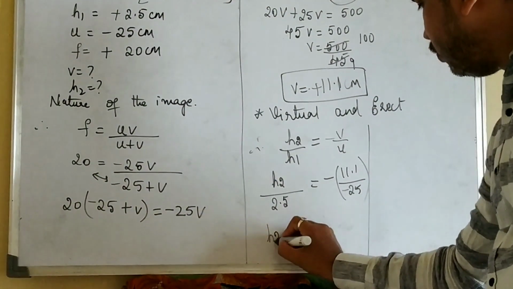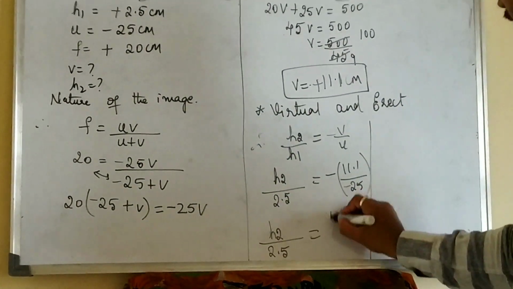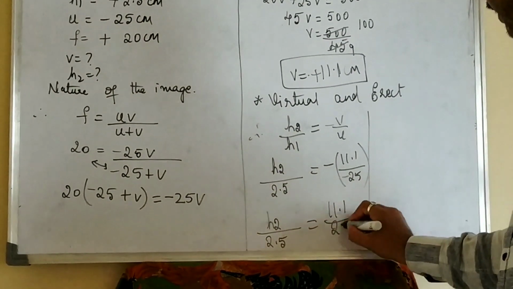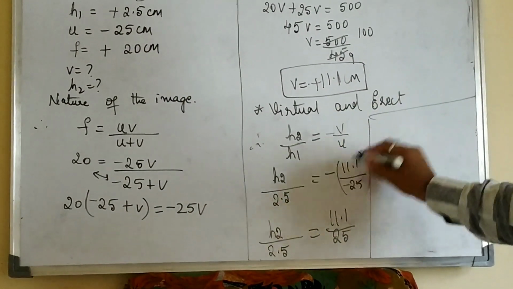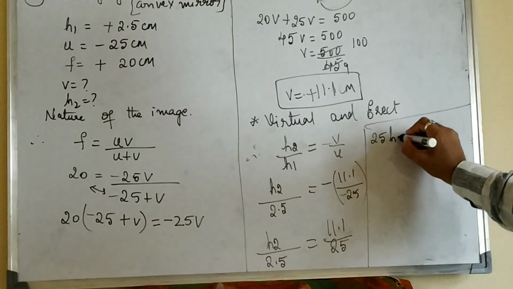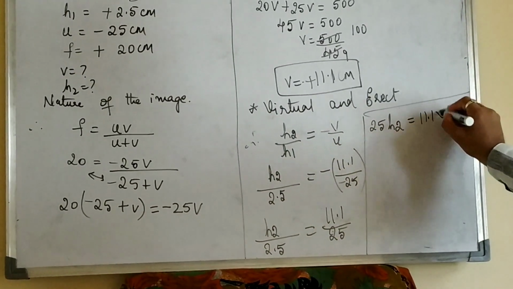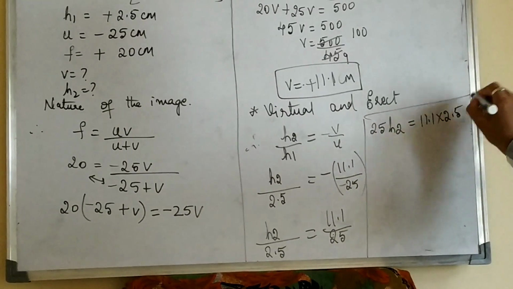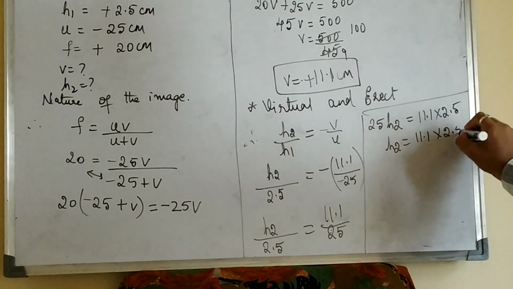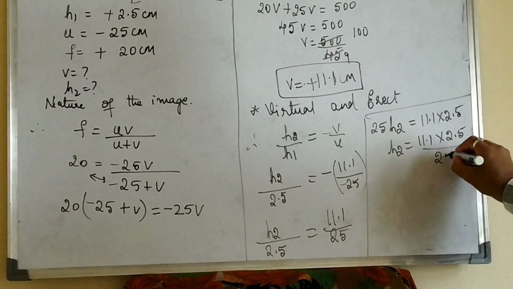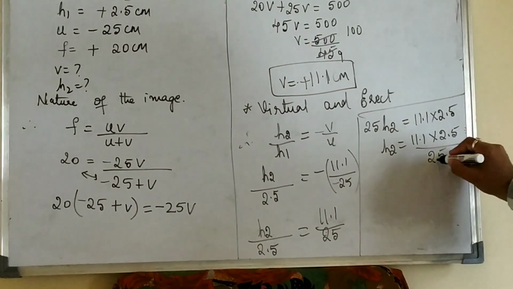So h2 divided by 2.5 is equal to 11.1 by 25. So cross multiply it, what will you get? 25 h2 is equal to 11.1 into 2.5, or h2 is equal to 11.1 into 2.5 divided by 25.